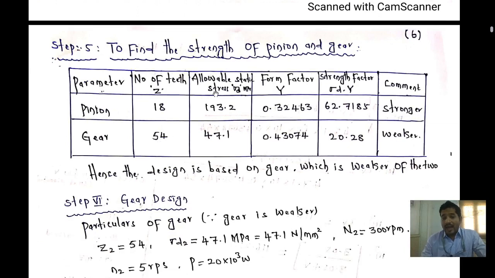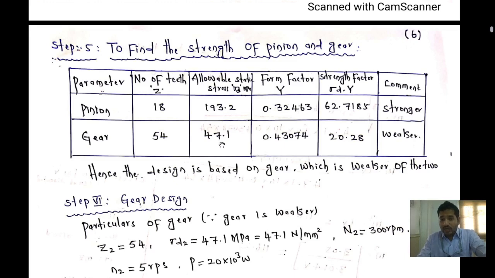After that, the allowable static stress is represented by sigma d. The static strength of the pinion, sigma d1, we got as 193.2, and the static strength of the gear is 47.1. Clear? Here we understood that the static strength of the pinion is more than the static strength of the gear.